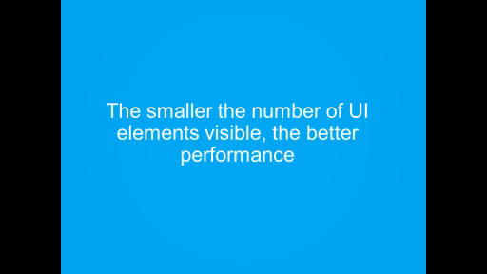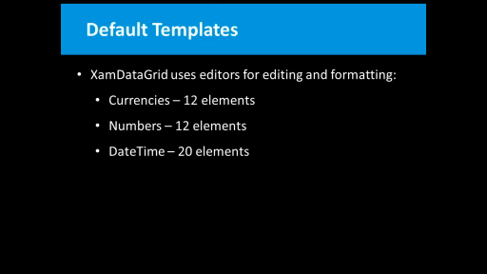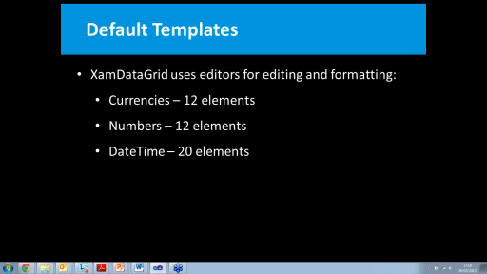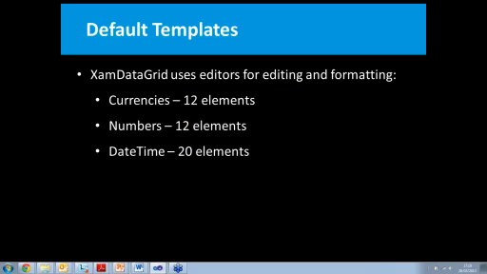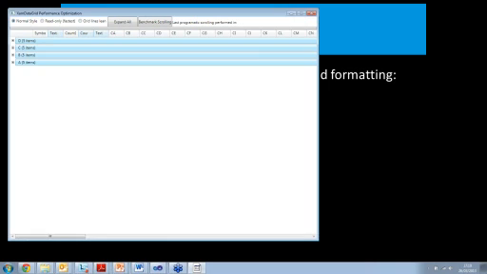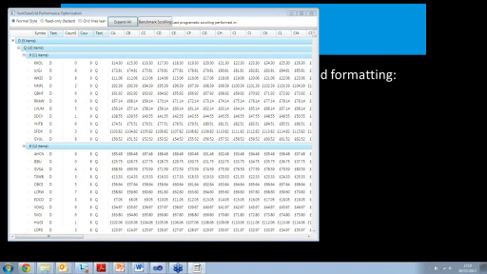The smaller the number of UI elements, the better performance. By default, when you bind our grid control to one of your data sources, you will see editors being generated. Let me actually illustrate this very quickly. I will run one of the samples just to give you an idea of what the cell value templates, cell value presenters look like by default.